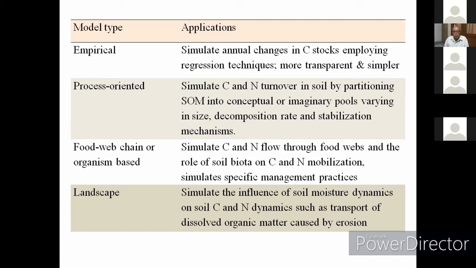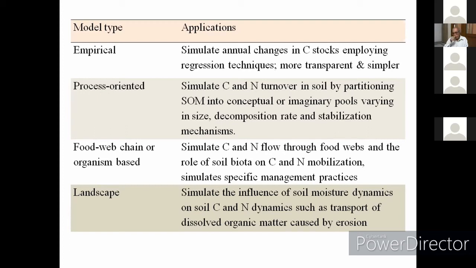They put in decomposition rates. All of them use first order kinetics to predict decomposition, but then they put in rate modifiers that modify the rate of decomposition. So as an effect of texture, as many models do texture as one of the variables, or as an effect of moisture content, or some other variables. They modify the temperature.